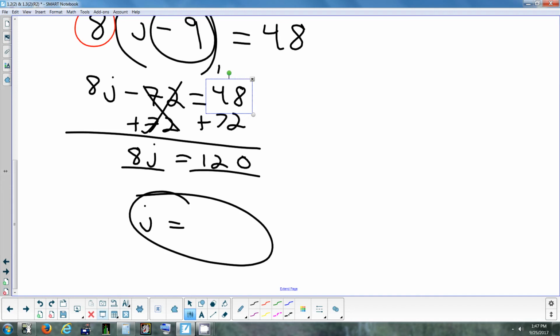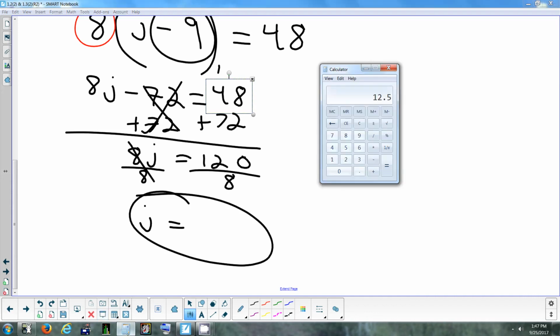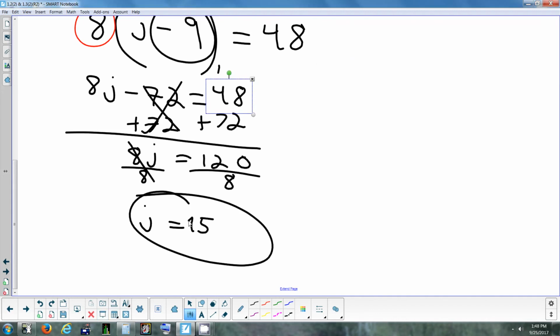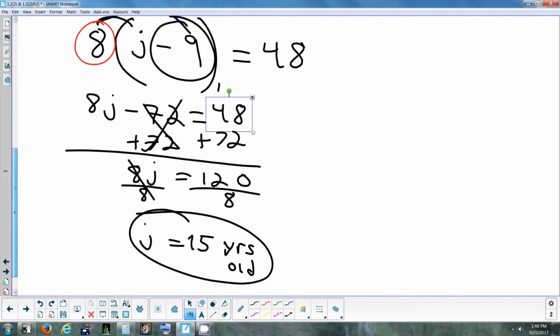You always want to divide by the number that's next to the letter. 8. Yeah, you want to divide by 8 and divide by 8. And if we do 120 divided by 8, that's how old? Is that what it comes out to? Yes. Yep. 15. So Jim is 15. I'm just going to put years old. That one was fun. Okay?